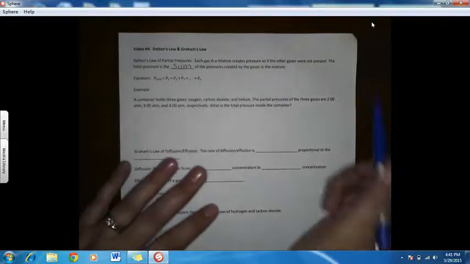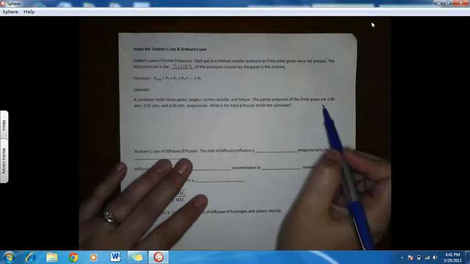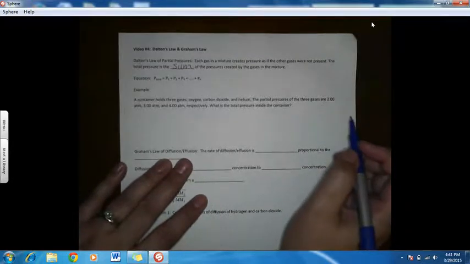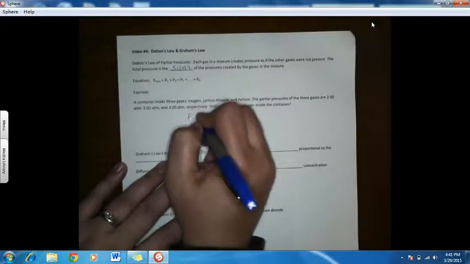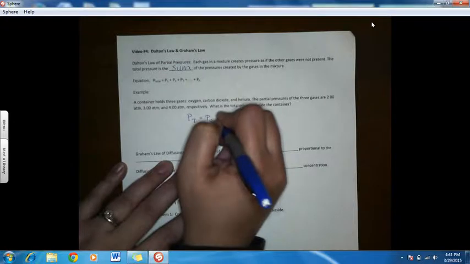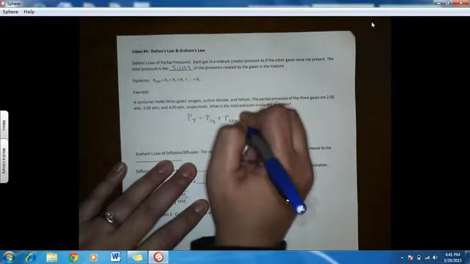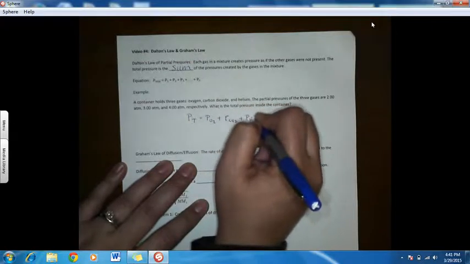So if we look at this example, a container holds 3 gases: oxygen, carbon dioxide, and helium. The partial pressures of the 3 gases are 2 atmospheres, 3 atmospheres, and 4 atmospheres respectively. What's the total pressure? Well, the total pressure would be the pressure of the oxygen plus the pressure of the carbon dioxide plus the pressure of the helium.